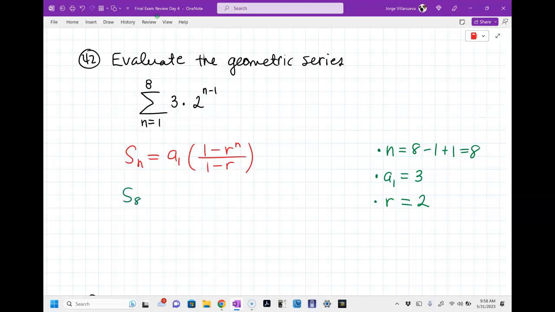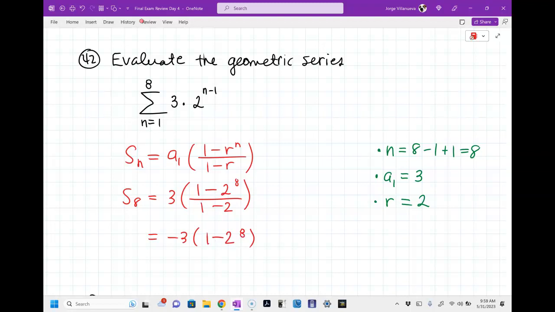So S sub 8 is equal to 3 times 1 minus 2 to the 8th over 1 minus 2. 1 minus 2 is negative 1, so this will be negative 3 times 1 minus 2 to the 8th, because again we're dividing by a negative 1.